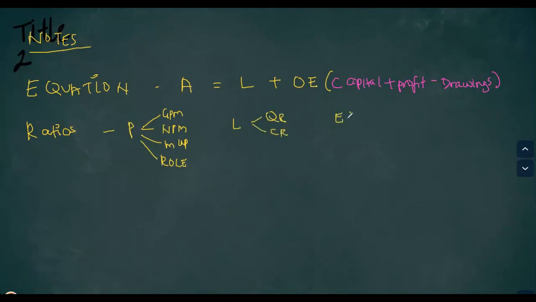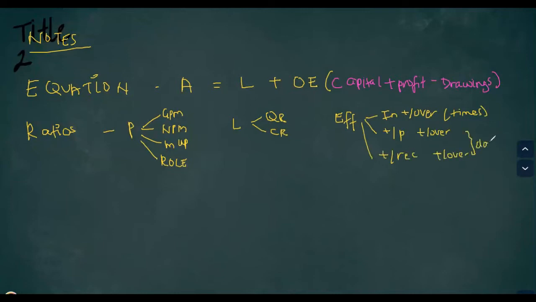And under efficiency, we have learned inventory turnover in days, in times, how many times we actually replenish our stock. And then we talk about trade payable turnover, and also trade receivable turnover. These two are in days. So these are the ratios we learned.